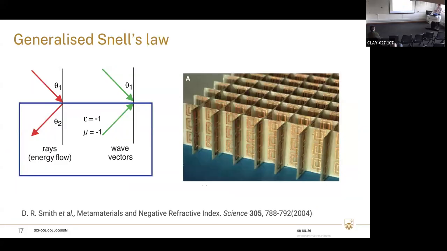There was some such work some time ago, where they created an artificial material, called a metamaterial, based on split rings. And in fact, indeed, in this material the electromagnetic wave can refract in a different direction because of the negative refractive index.